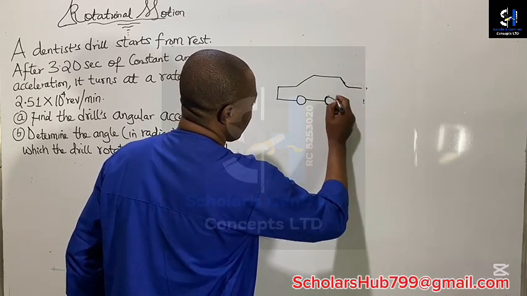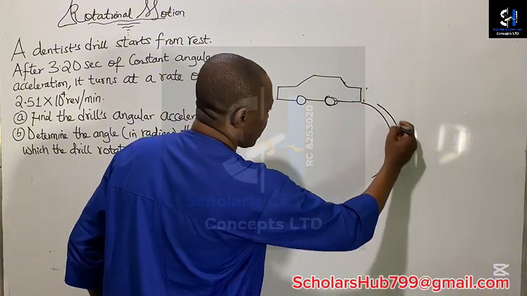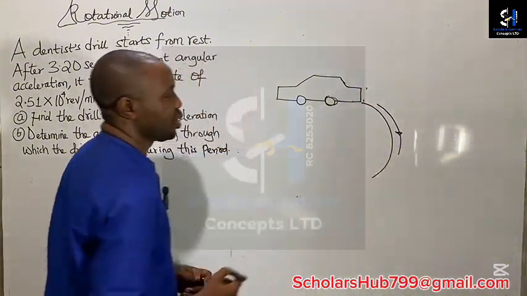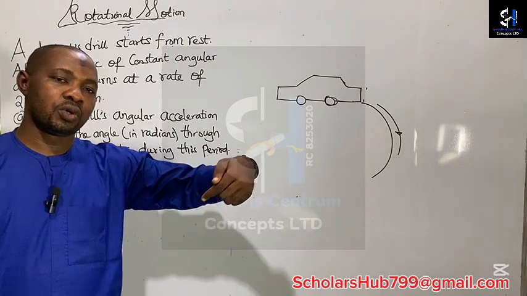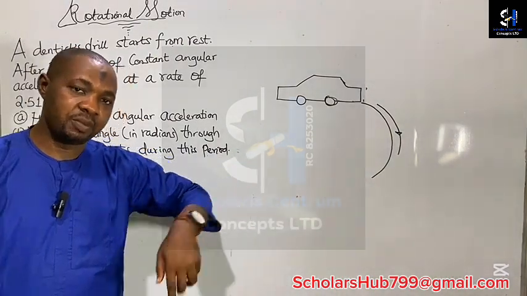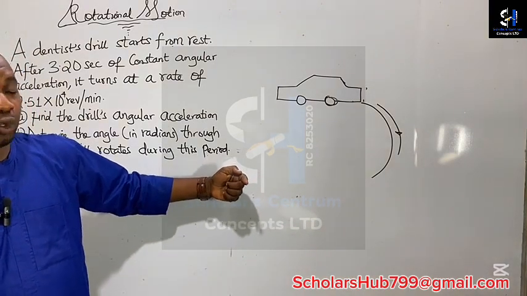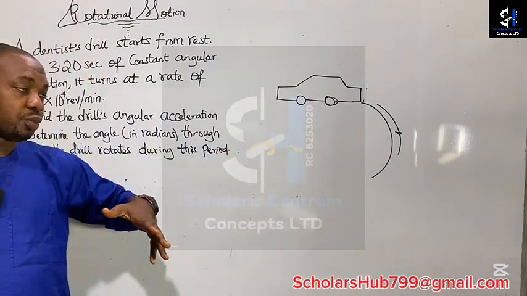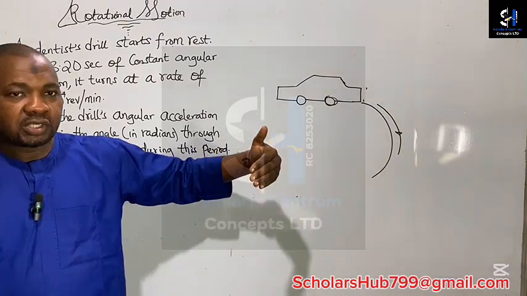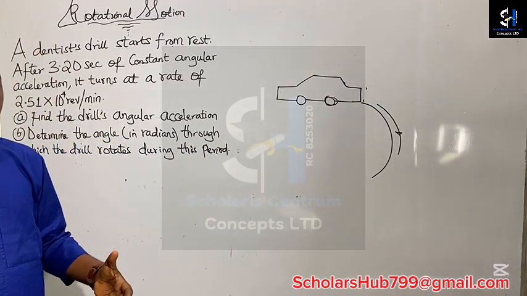Just like a car making a U-turn, or a car describing a circle along its path. That is the motion of a car turning. As a car is making a turn, it will be describing a circular motion along its path.